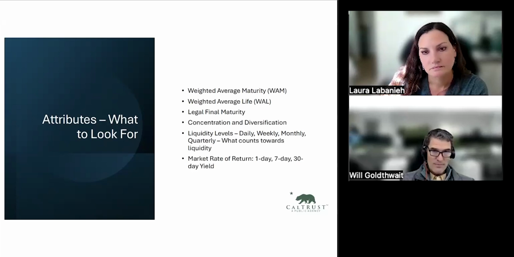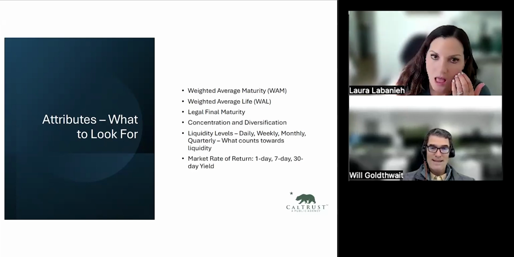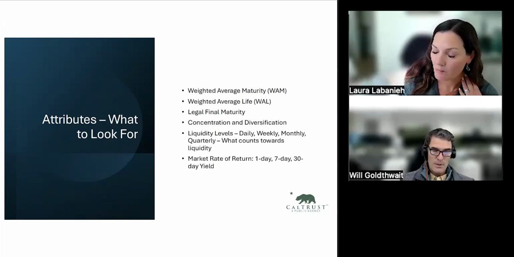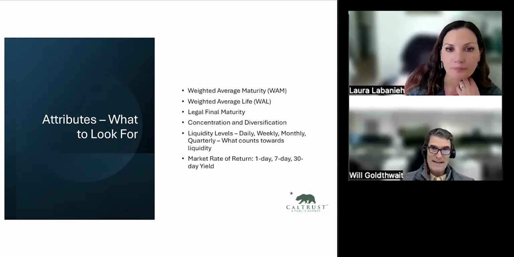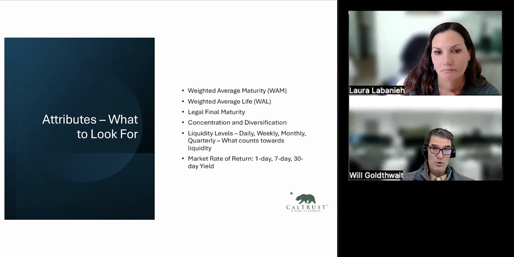Lastly, before I hand it back to you, Laura, I'll just say that for the most part in the SEC space, and this is probably a good segue to talk about ratings on LGIPs as well, in the SEC registered money market space, they are all receiving rating agency ratings. So S&P, Moody's, and Fitch being the majority.